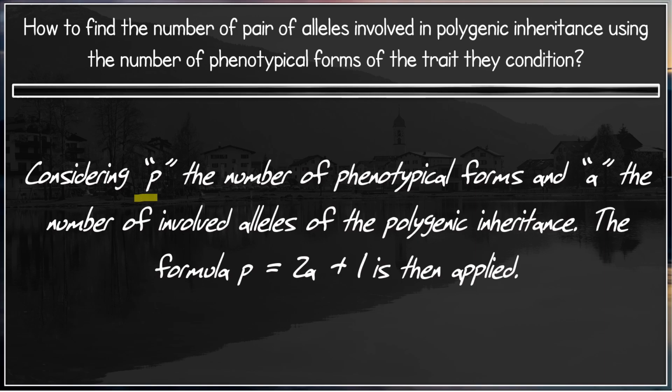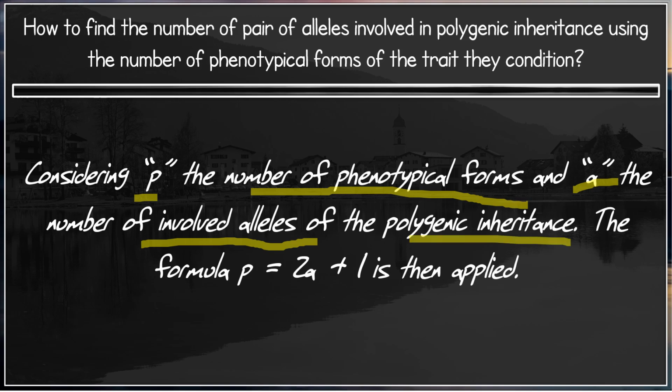Considering P, the number of phenotypic forms, and A, the number of involved alleles of the polygenic inheritance, the formula P = 2A + 1 is then applied.